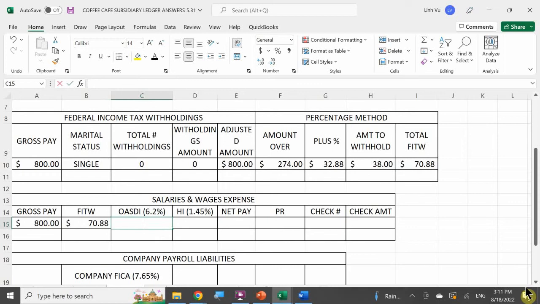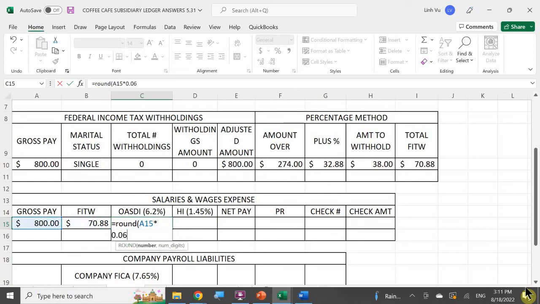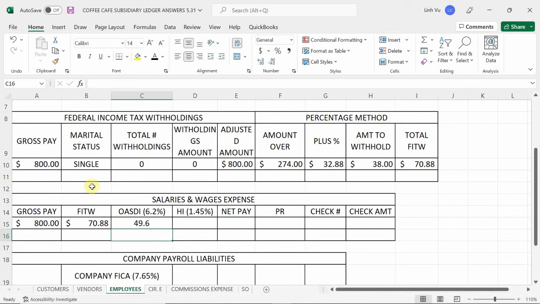How much Social Security is she subject to have to pay into? $49.60.